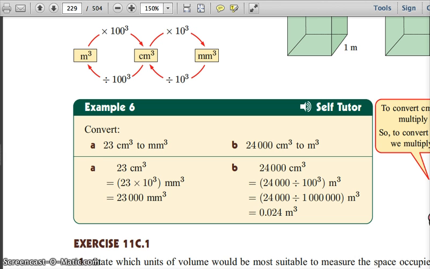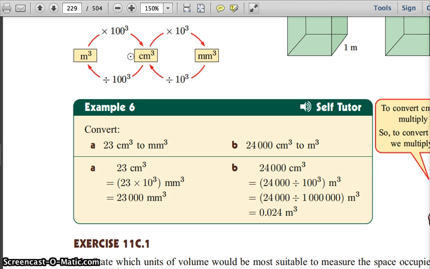It's only going to go for a couple of seconds. When we're going 23 cubic centimetres to millimetres, you'll be given this chart. So we're going along this path. The bit that you may underestimate is this cubed.